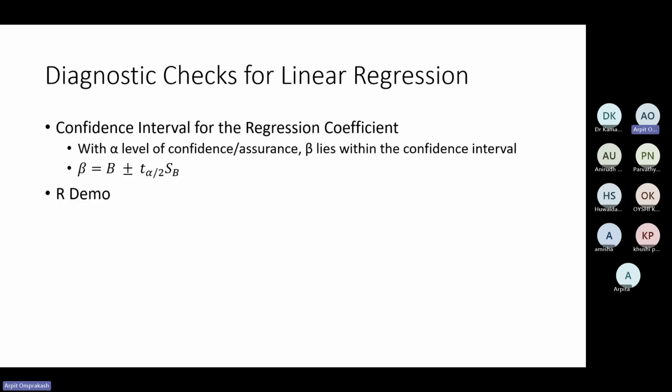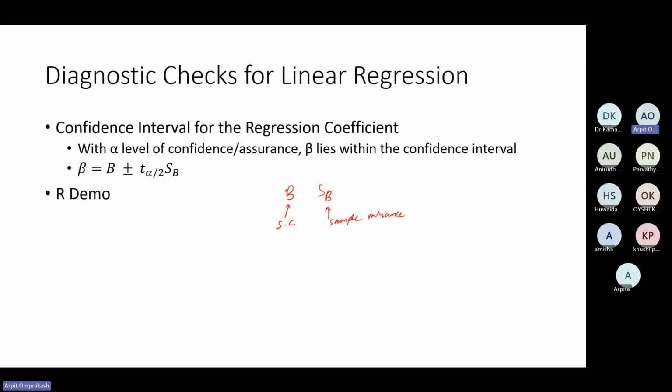The other thing that we can do for linear regression is calculate what is called a confidence interval for the regression coefficients. We have a sample and some sample parameters, B and SB, where B is the sample coefficient and SB is the sample standard error.